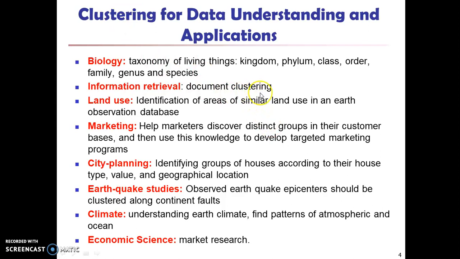It's document clustering. Land use: identification of areas of similar land use in an earth observation database. When you find a place and you want similar places, to identify the similar areas, we are using the cluster concept.